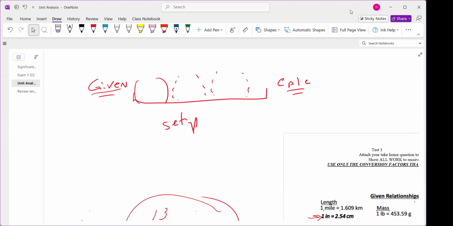And there are 4 types of word problems in the world. But basically, the given always has to cancel. You want to get rid of that early on. And then we need to look at the conversion factor. What does it give us after the given is canceled? Is it what we're trying to calculate? If it is, you're done.